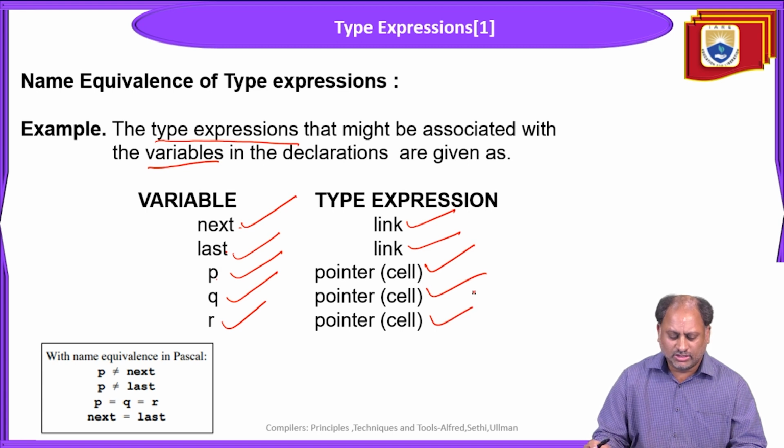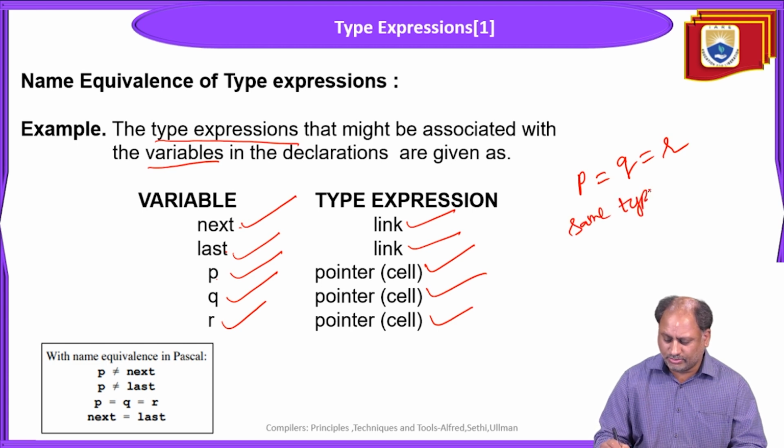What is the type expression for R? Pointer of cell. Now for each of the variables we know the type expressions, and we check whether each variable has the same name or not. If you consider the variables P, Q, R, they have the same type expression. All of P, Q, R have the same type expression.